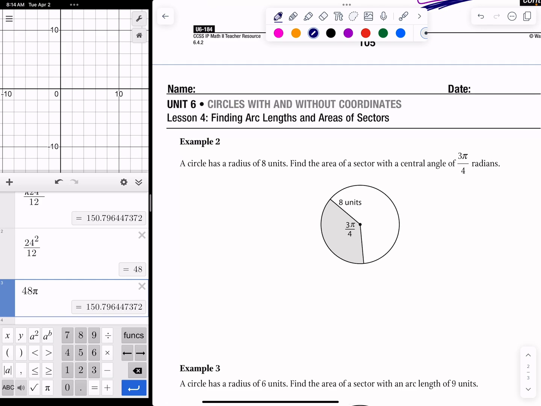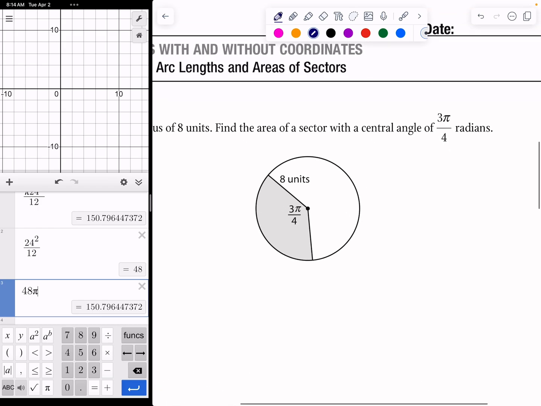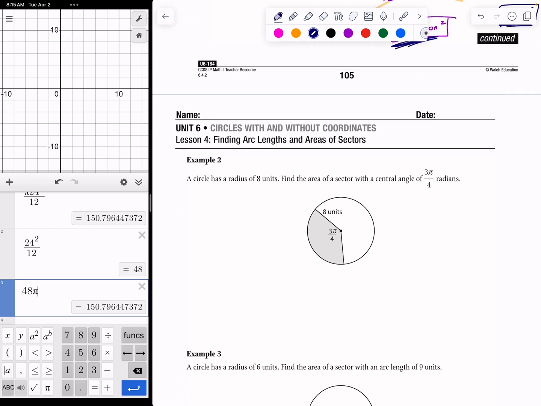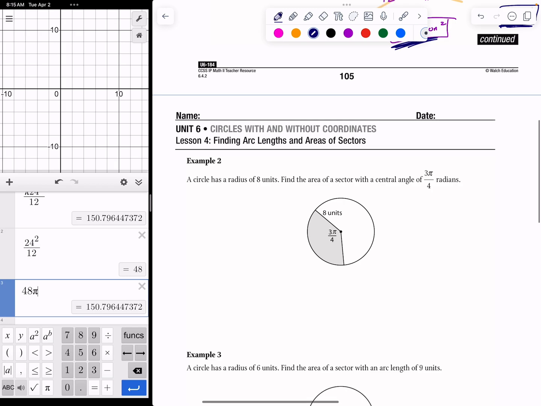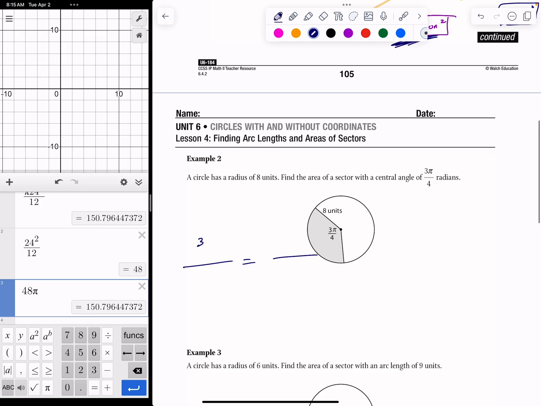The circle has a radius of 8. Find the area of the sector with a central angle of 3 pi over 4. The central angle is 3 pi over 4 divided by 2 pi, because this is radians now.